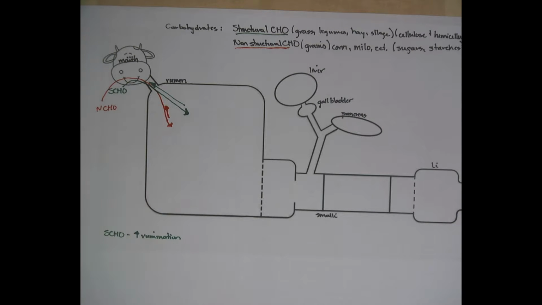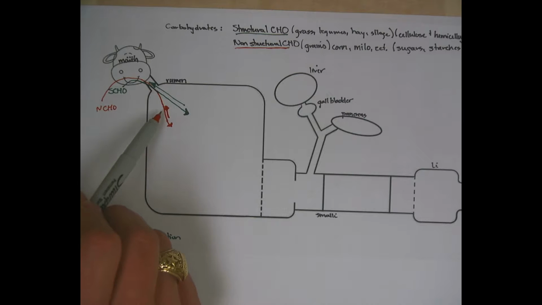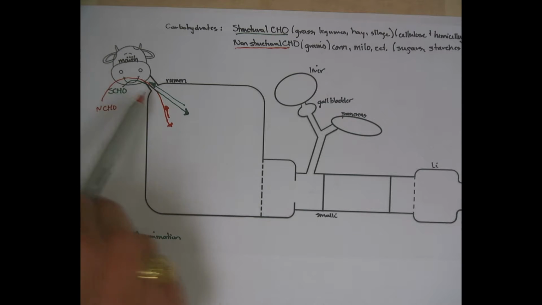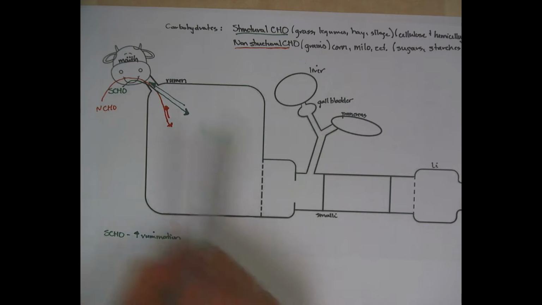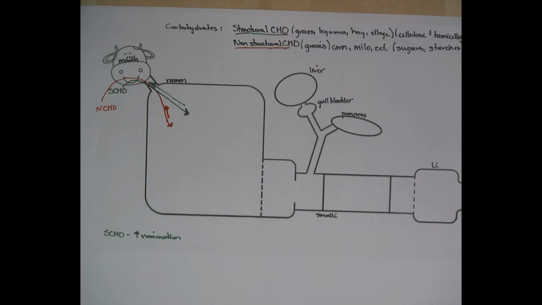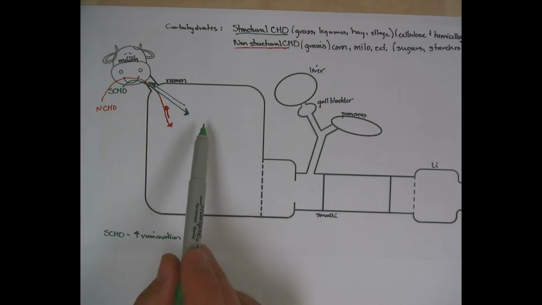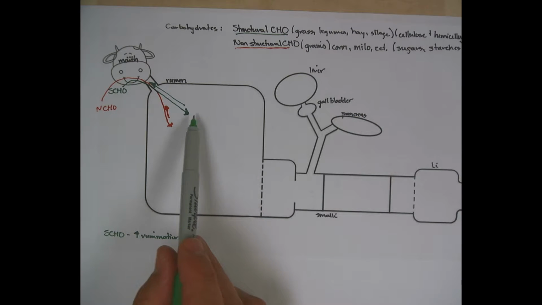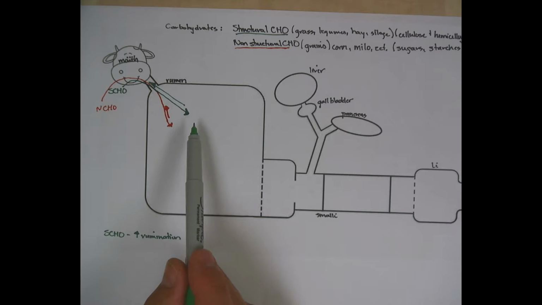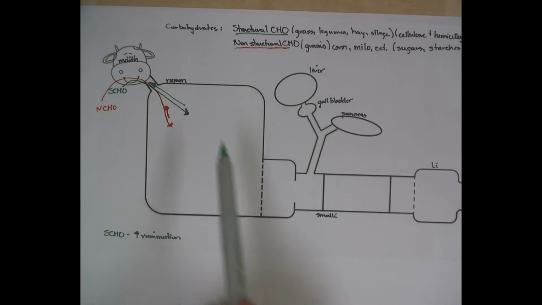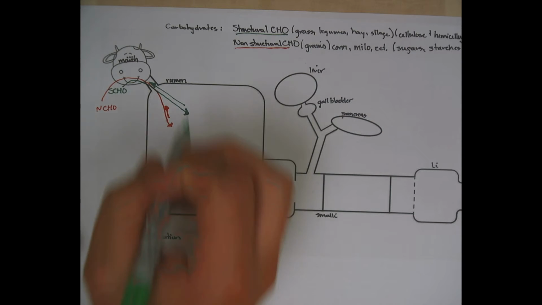So we're going to make that arrow a little smaller because less rumination occurs with non-structural carbohydrate than with structural carbohydrate. Okay, there are different types of microbes. Last time we talked about bacteria, protozoa, and fungi. Okay, and all three of them work on both structural and non-structural carbohydrates to some extent. But we have different populations that work on structural carbohydrates.